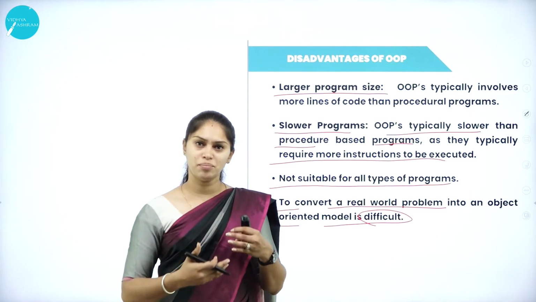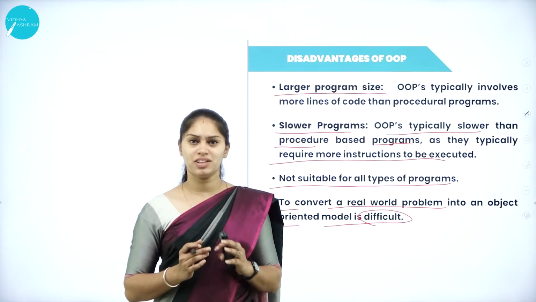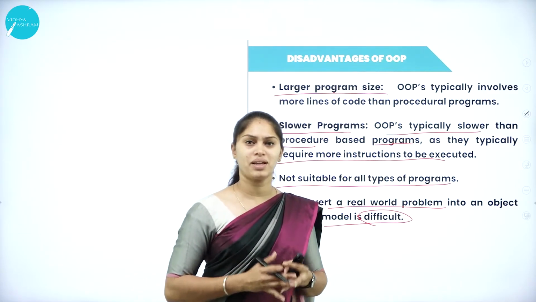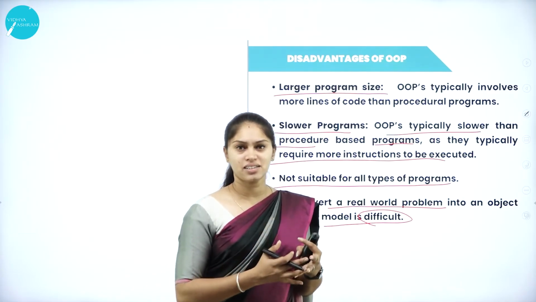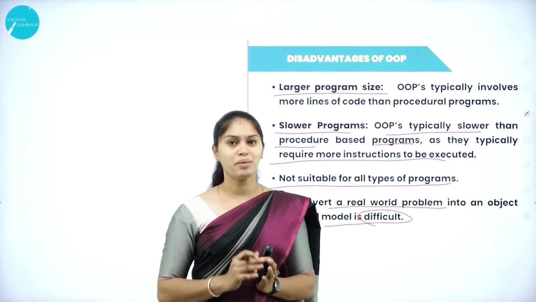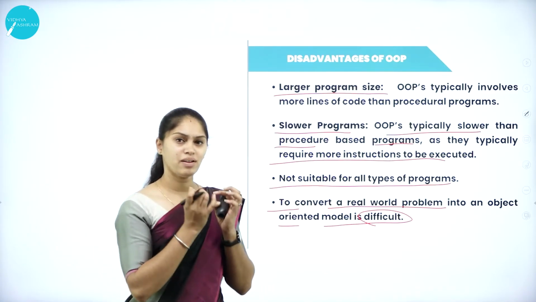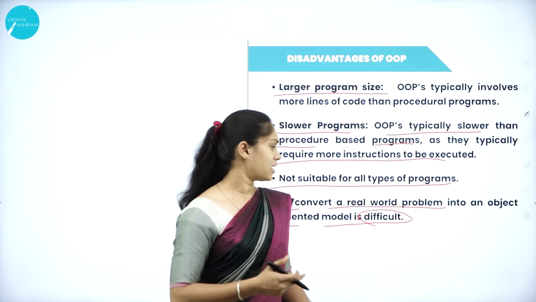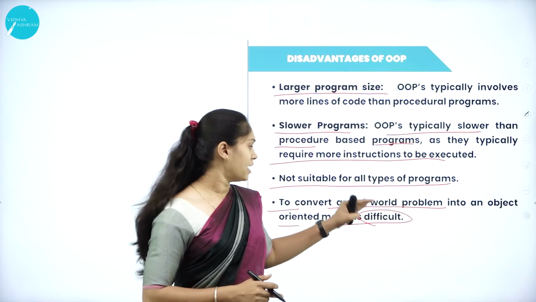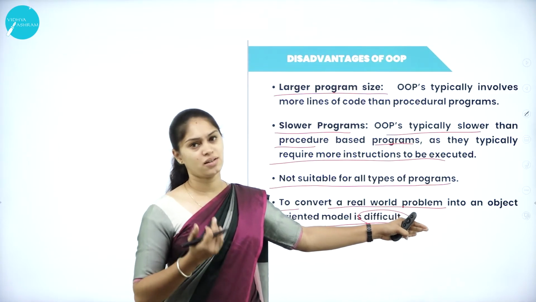We cannot implement all real-time scenarios only by making use of object-oriented programming. Along with that, we must take another concept which will complement it in order to implement complex software. It is difficult to convert a real-world problem in terms of object-oriented programming.